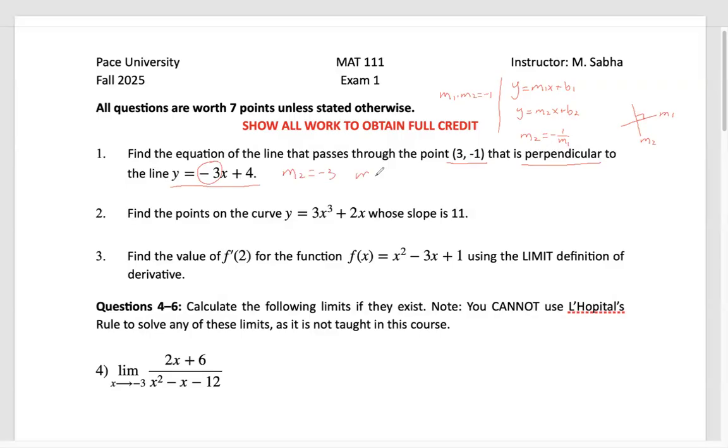Then we know the slope m1 is the opposite: the opposite of negative is positive, and inverse, so 1/3. So m1 is just 1/3. Let's erase this. m1 is 1/3.